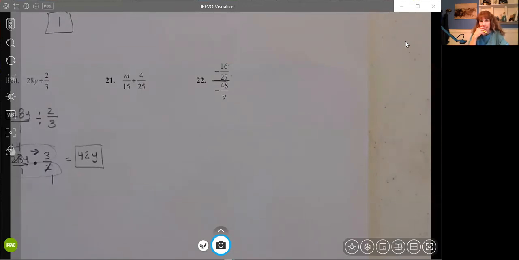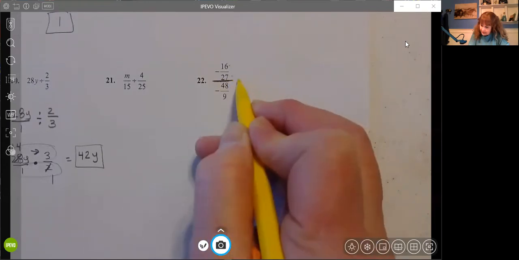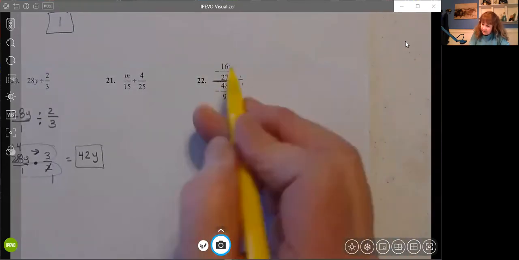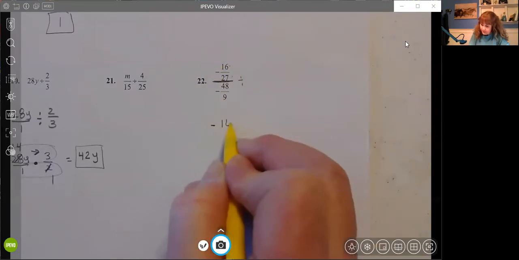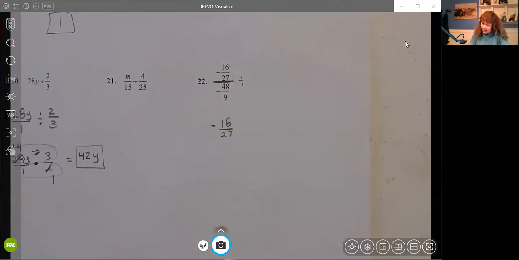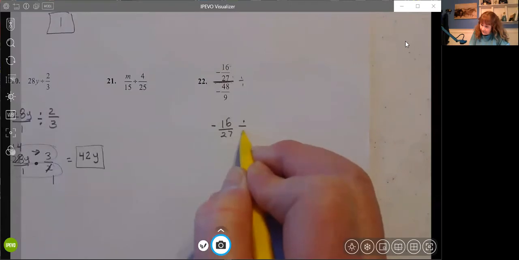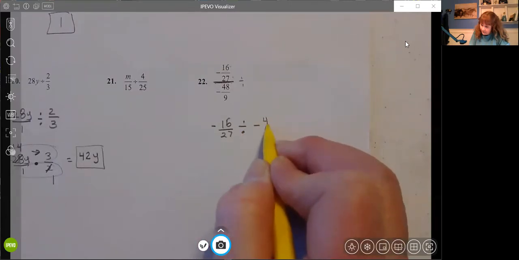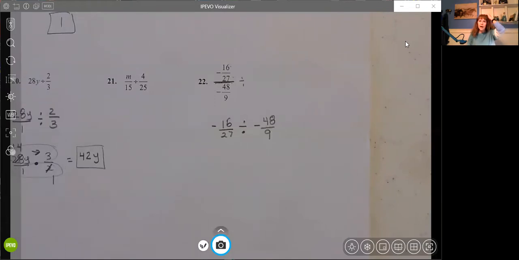So I'm going to rewrite this because I know that this bar here means divide. So I'm going to take the numerator here, this top fraction. That's a 6, sorry. And then I'm going to replace this fraction bar with divide. So when you're given a complex fraction, rewrite it like this.